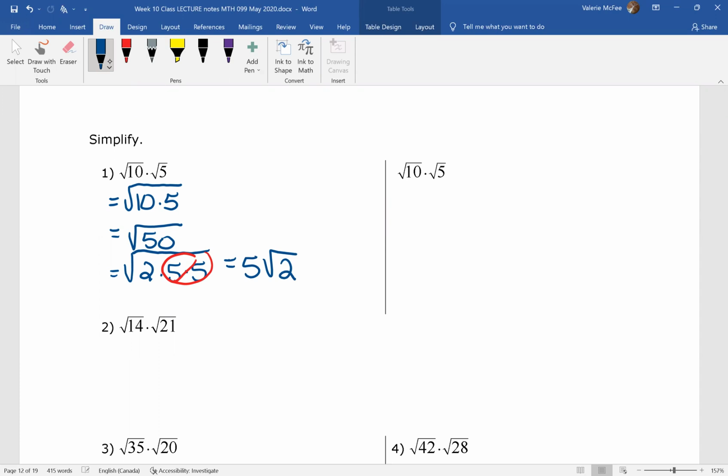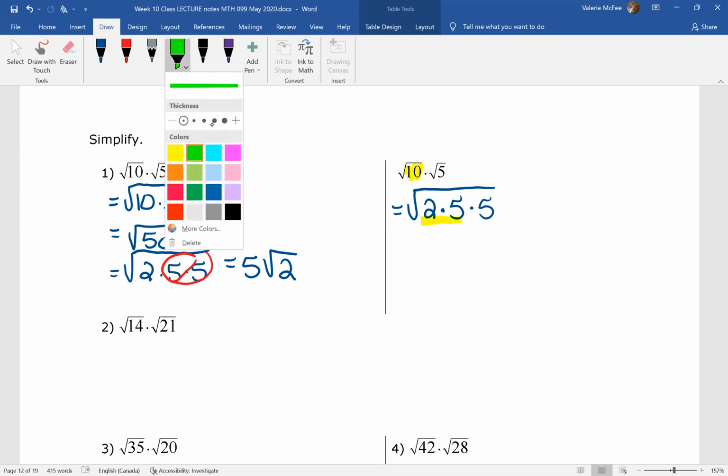This simplifies to equal 5 root 2. Now you see right beside it, I have the same question, because I want to suggest to you that it's easier to prime factor before you multiply. So instead of writing the square root of 50, I'm going to prime factor 10, 2 times 5, and then write down my 5 from my square root of 5.